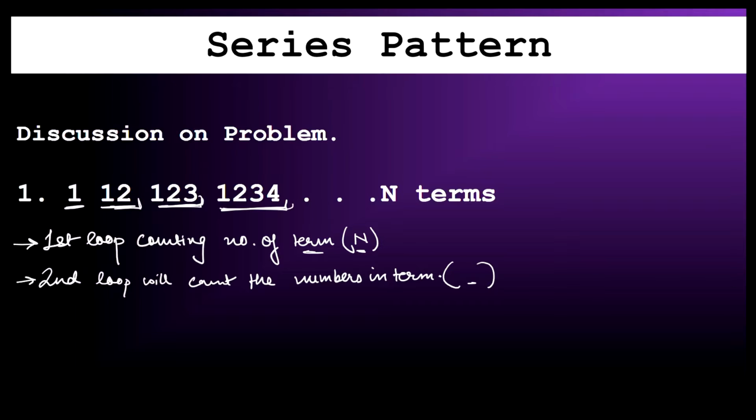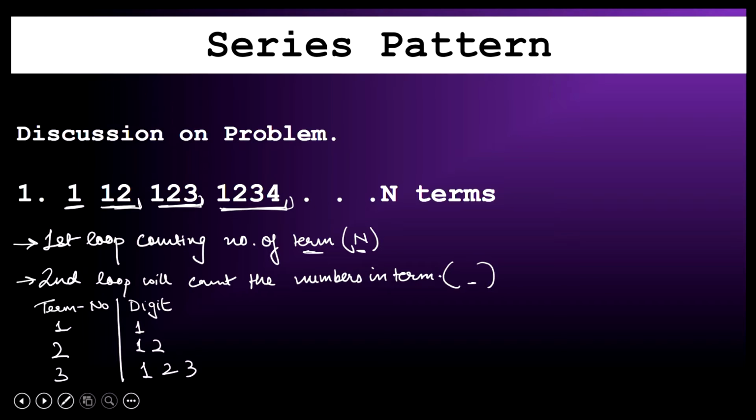Now see, if I consider the same scenario as the previous one, in term number 1, how many digits? 1. Term number 2: 1, 2. Term number 3: 1, 2, 3.